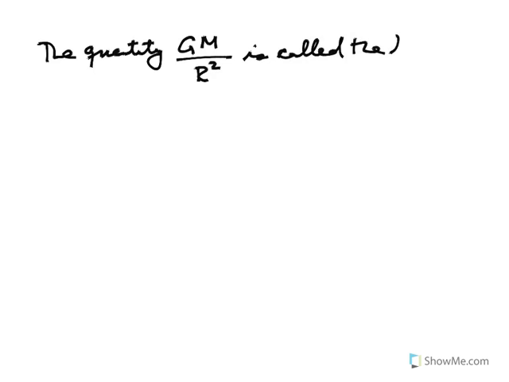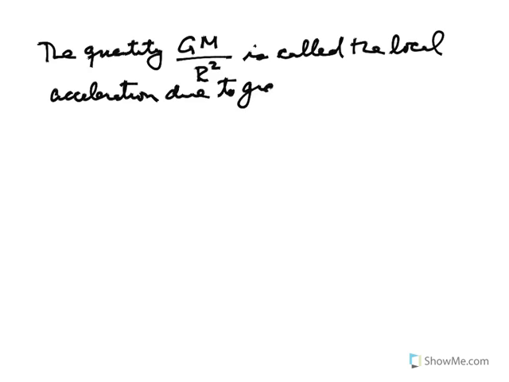The quantity G times M over R squared is called the local acceleration due to gravity. Now, it's only true if the particle is in close proximity to the surface of the sphere. If it's not in close proximity to the sphere, then this doesn't apply.